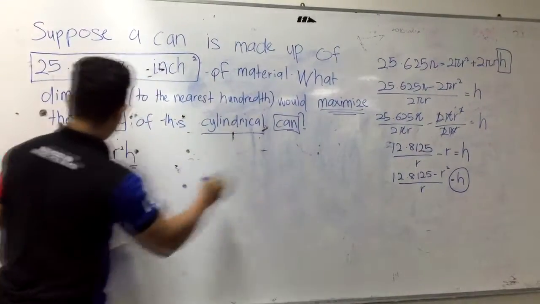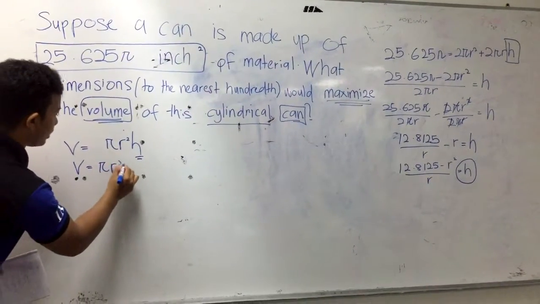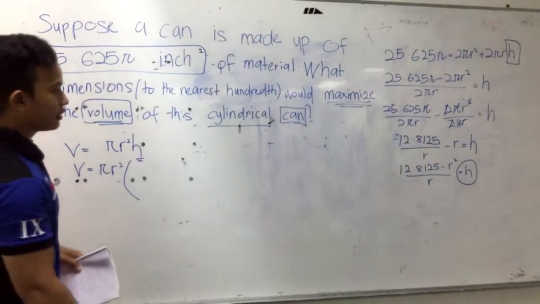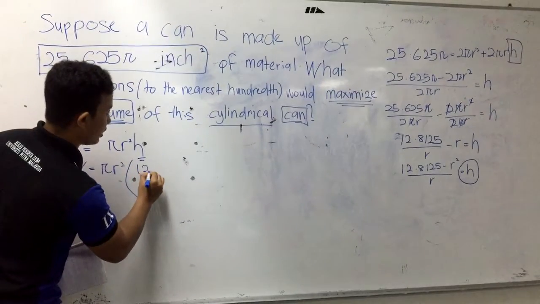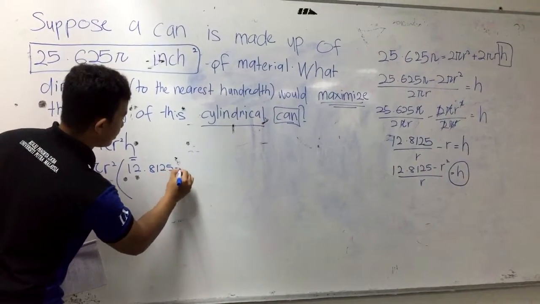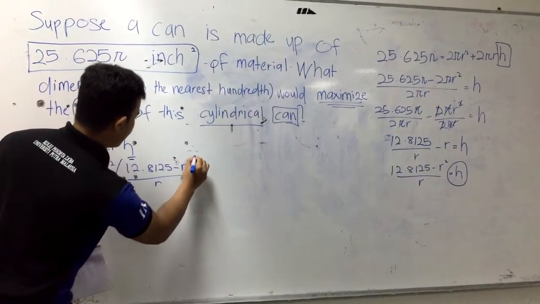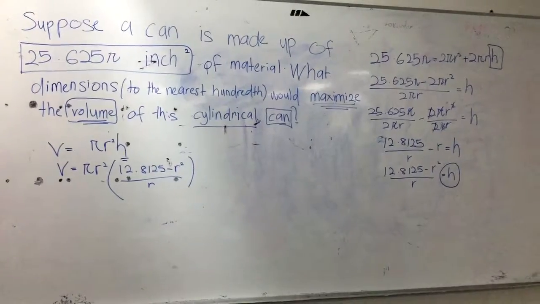We just take h from there. Volume equals pi r squared times the bracket, 12.8125 minus r squared divided by r.